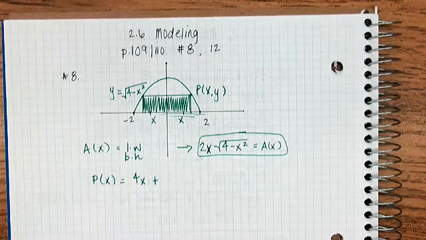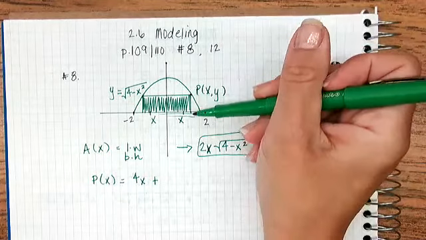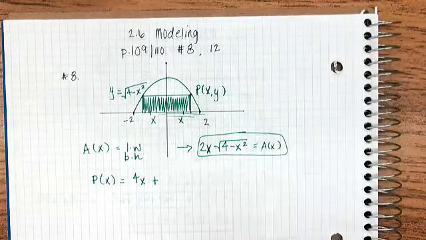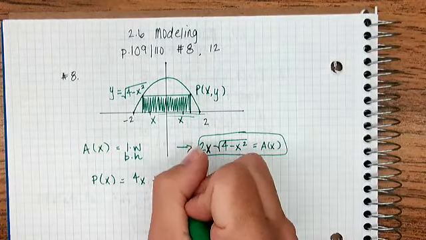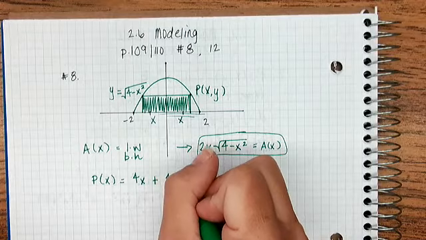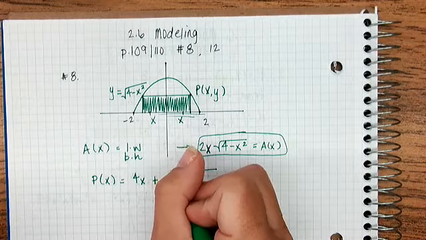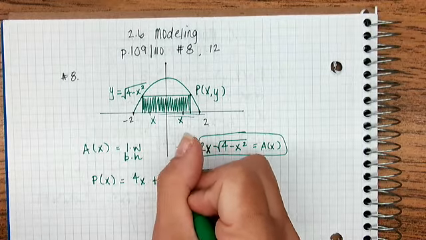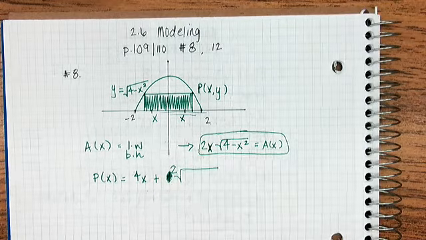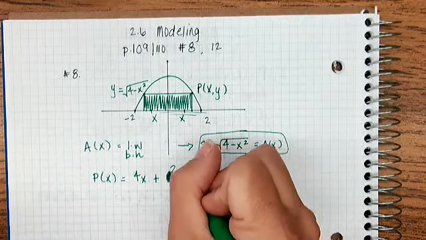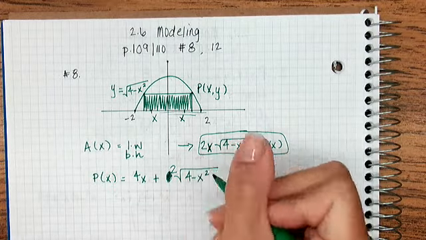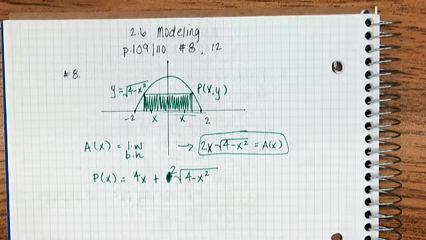And then the height is root 4 minus x squared, but we have that twice. I wrote 4, that should say 2, and I'm not using erasable pen. That should be a 2. There is your perimeter.